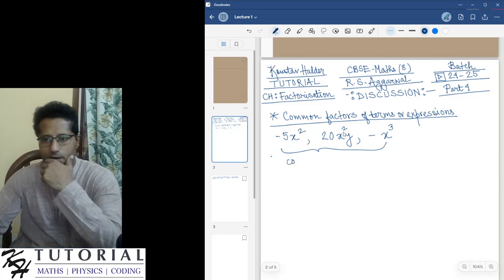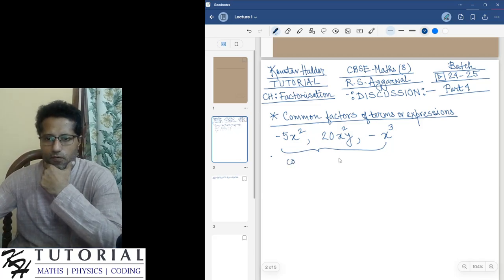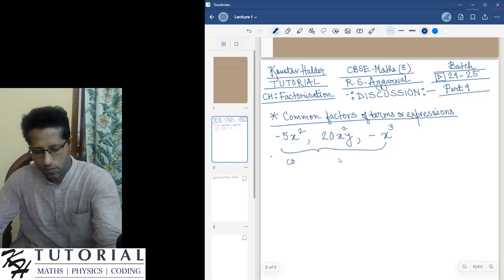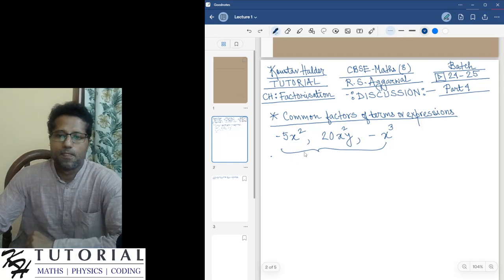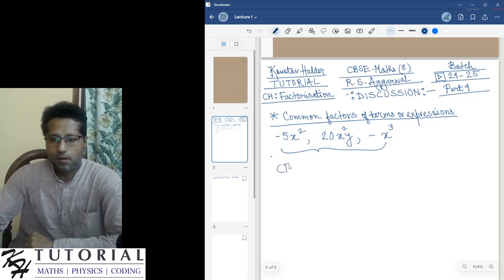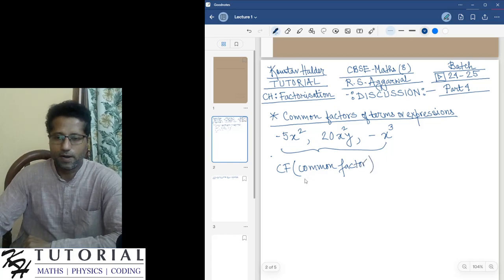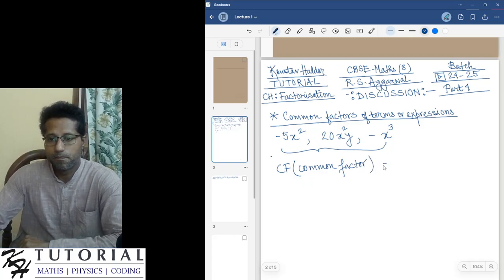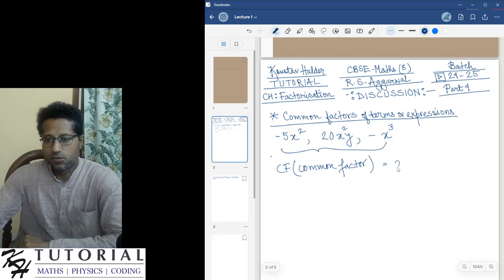I will use a short form, CF, that is common factor. The common factor will be equal to x square.